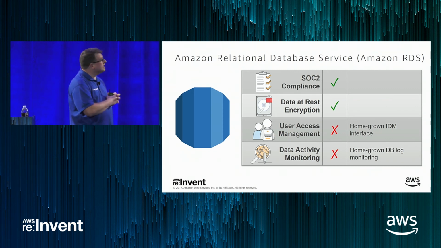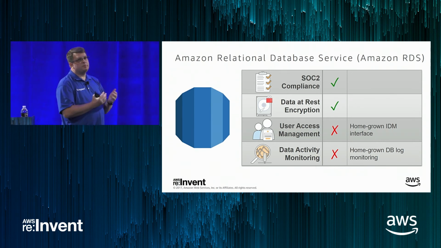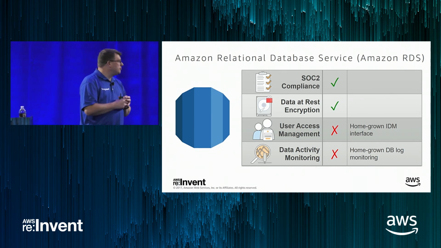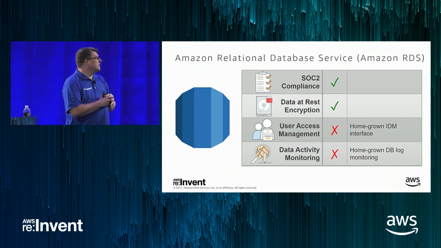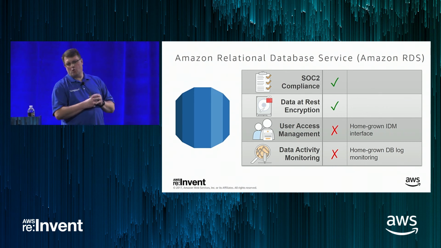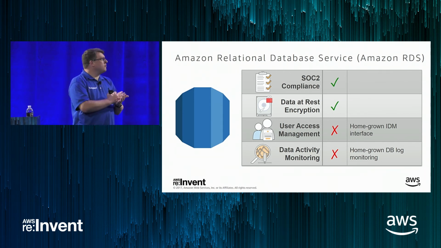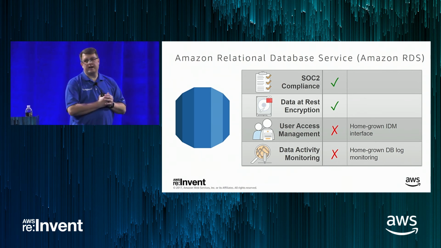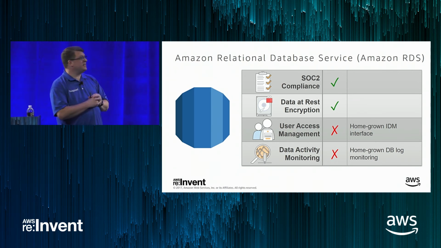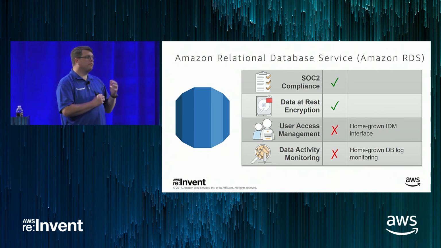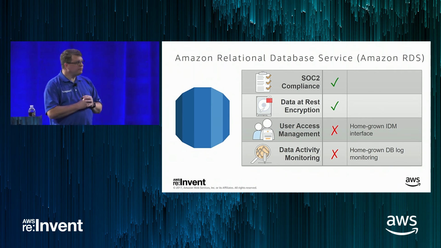So with RDS, we were really lucky that SOC 2 compliance came straight out of the box, and data at rest encryption has been available for years. User access management was more difficult. The on-prem systems that we had for accessing databases did not work with the database that we were looking to target in Amazon, so we ended up writing a REST interface that would integrate with our on-prem IDM system and create and delete the necessary user IDs and roles from the RDS databases.